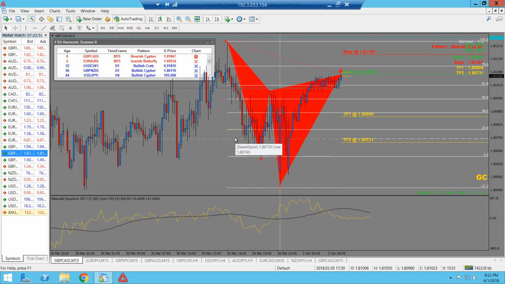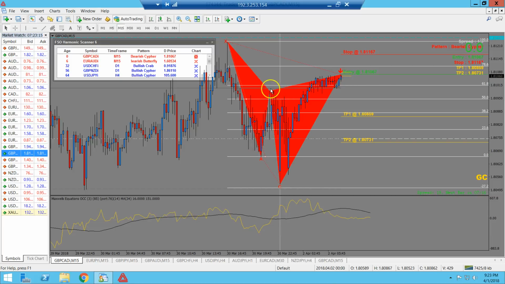Okay, that's a lot better. So yeah, grab your Fibonacci tool, take it from point X to point A. Remember, you don't want to go down from point X to point C, but you want to do it from point X to point A.